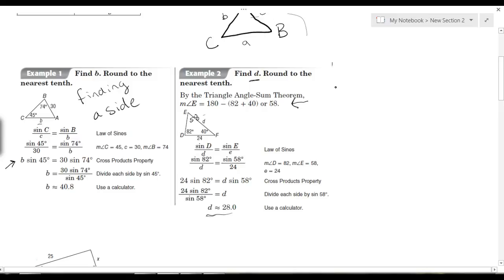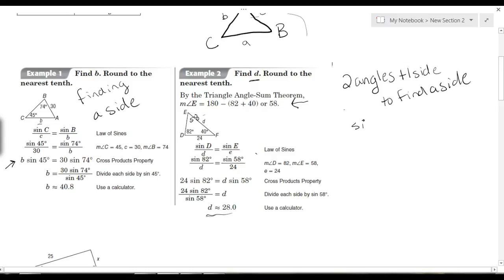So you can see in both of these equations we're given two angles plus one side to find another side. But we could also, if we wanted to, we'll go ahead and revisit our formula here.